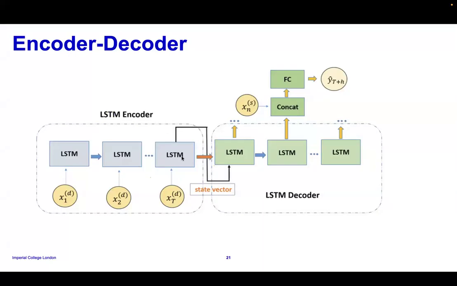The final thing here is passed into the decoder, and it is called the state vector. All the information in the LSTM encoder is compressed into a single vector called the state vector, and the decoder will decode it to give the output.